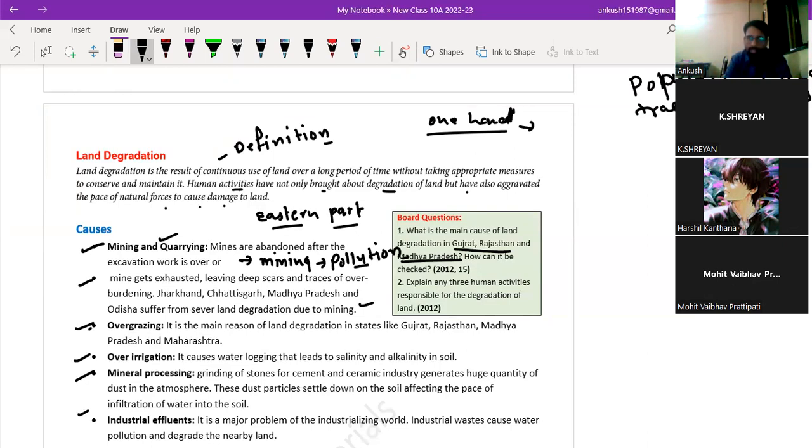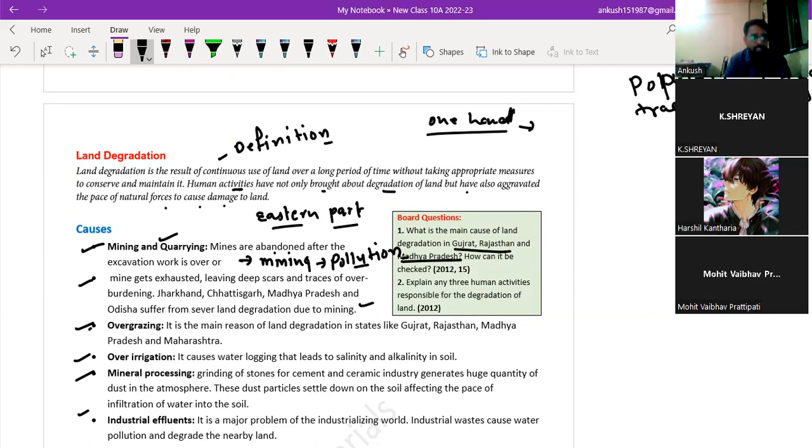Next is overgrazing. Whenever we see cattle grazing, if they are grazing on the same land for a long time, definitely the grass would not get time to be renewed.